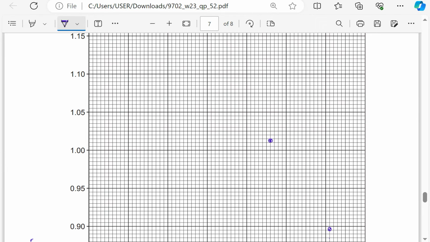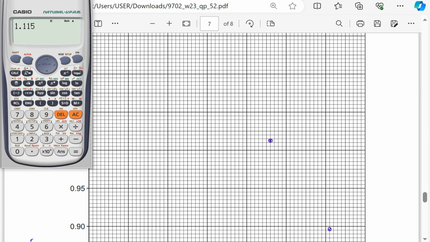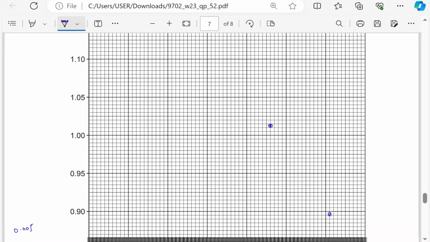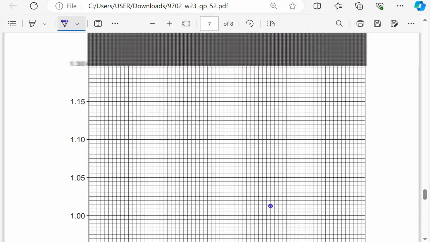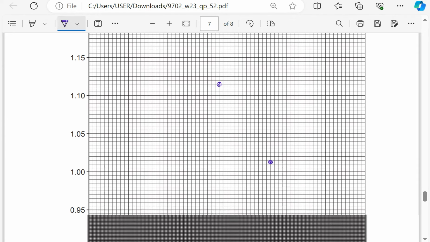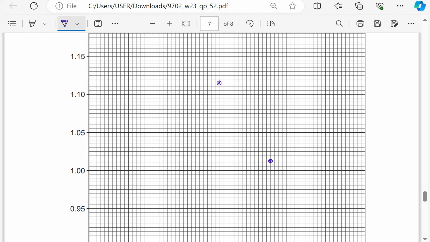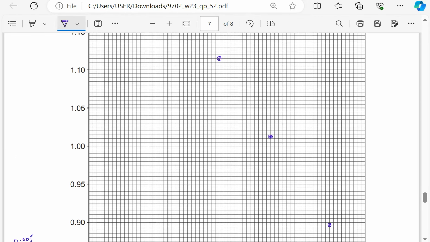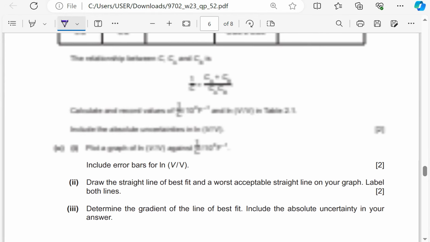I think 1.115 is after 1.1, so 1.115 minus 1.1 divided by the scale, which is 0.005. So I'll add 3 boxes from 1.1: 1, 2, 3. So it is exactly here. That is the point. Yes, very good.